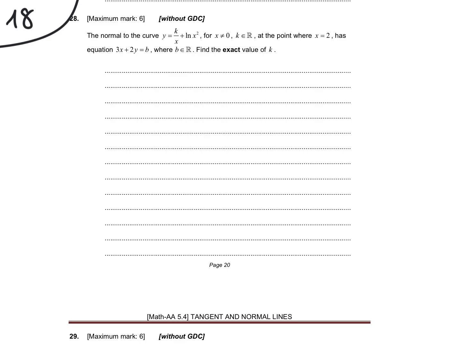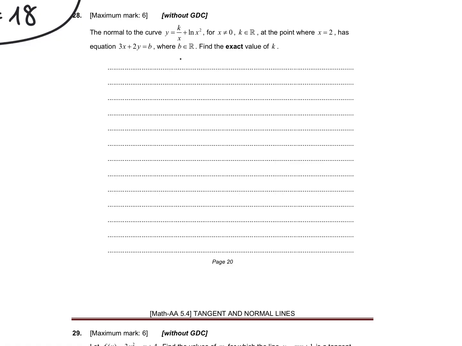All right, the normal to the curve at the point where x is 2 has equation that. Okay. So the normal to this curve, so at x equals 2. Okay. So if we have, let's substitute in 2 first.